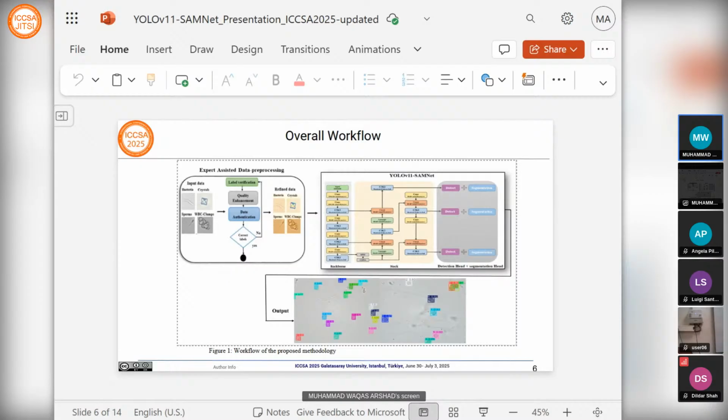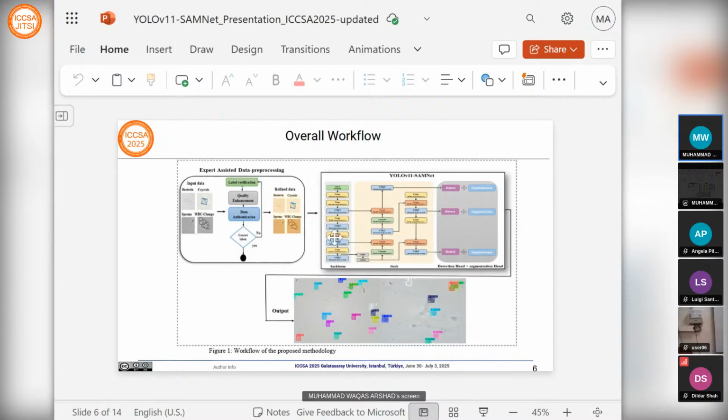To be more clear, we use the Roboflow tool. First we manually label with that tool, and then it is handed over to the experts to re-verify the whole process, to ensure the data is of high quality.